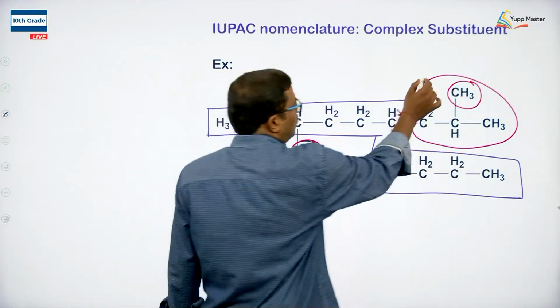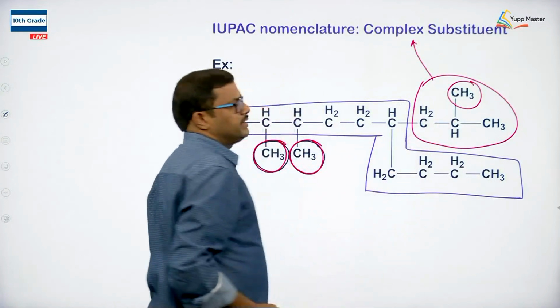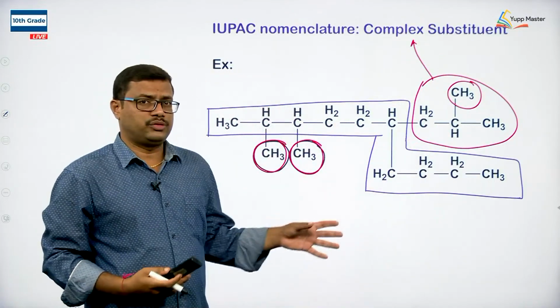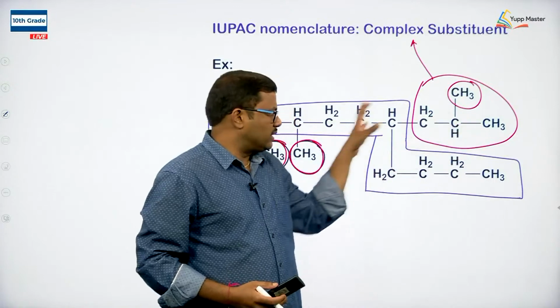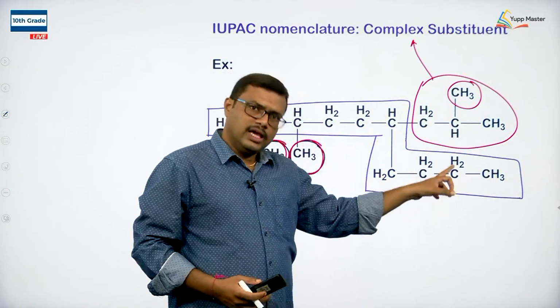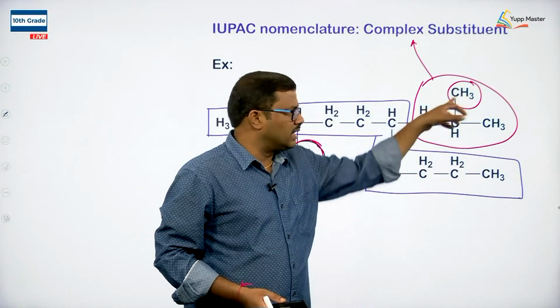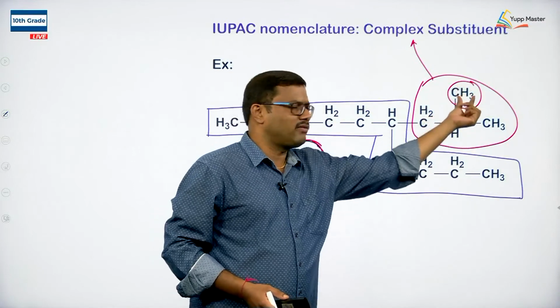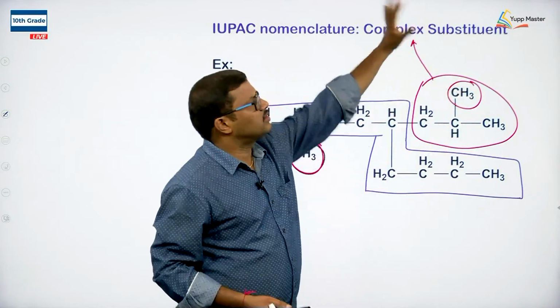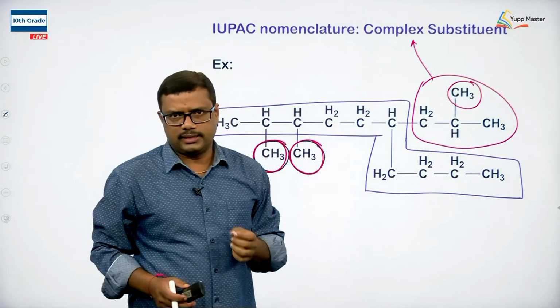So this particular substituent is called a complex substituent. The substituent which is present on the parent chain, if it has a branching within it, is called a complex substituent.